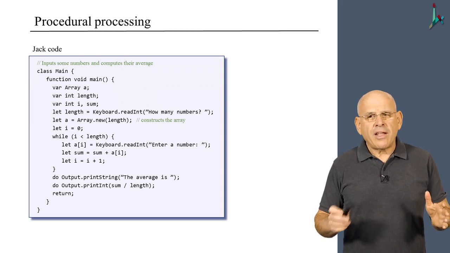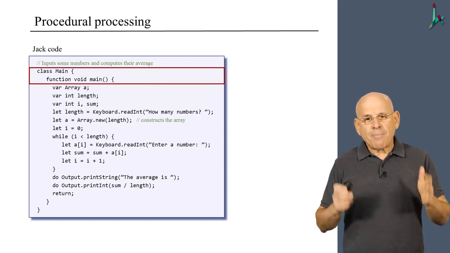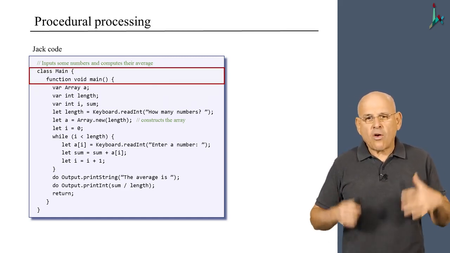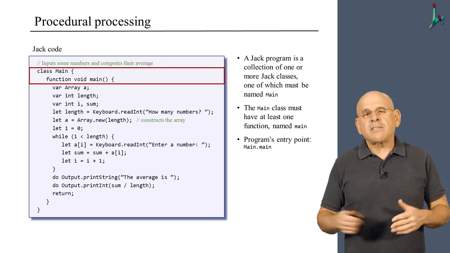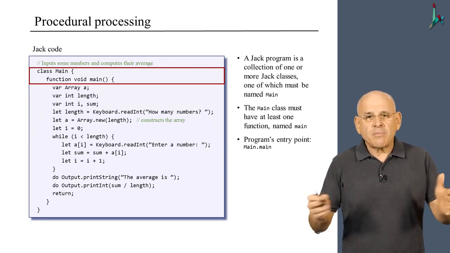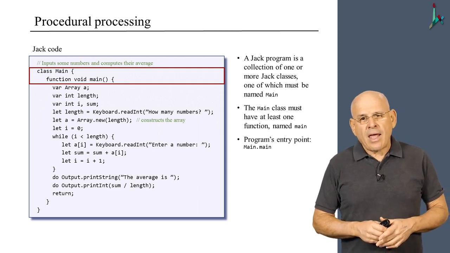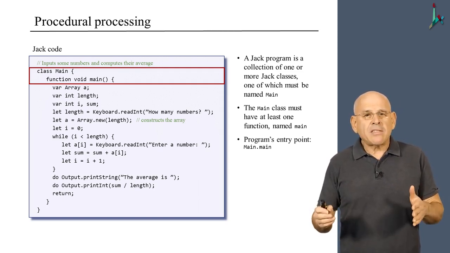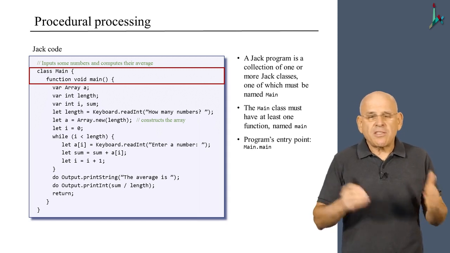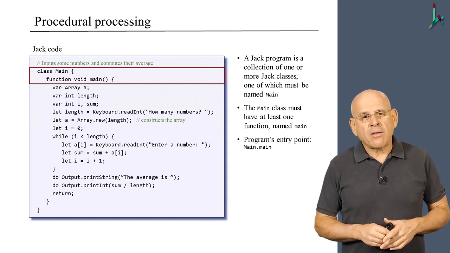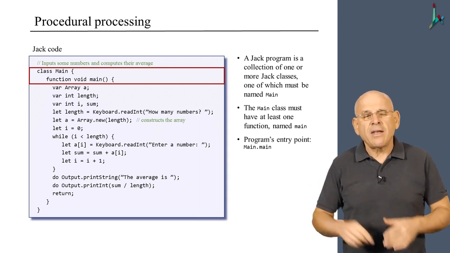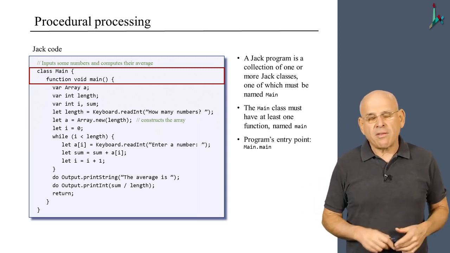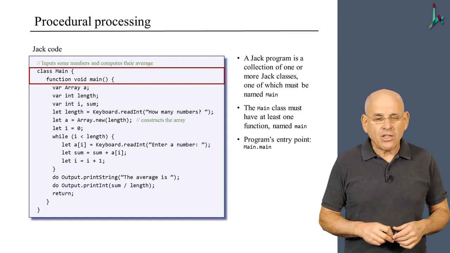First of all, a Jack program or a Jack application is defined as a collection of classes, one or more classes, and one of these classes must be called main. And within this main class, there should be at least one function, and this function must be called main with the lowercase m, and this main.main serves as the entry point to the Jack application.